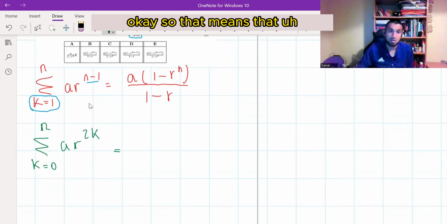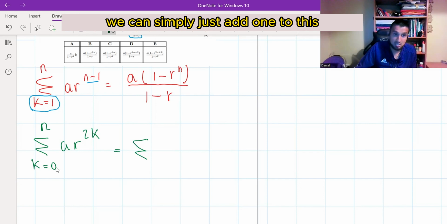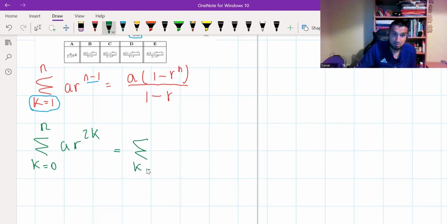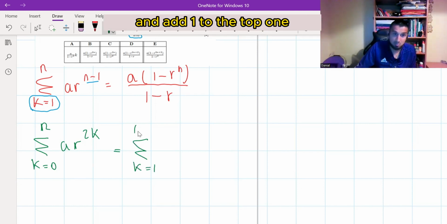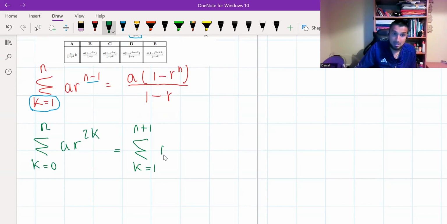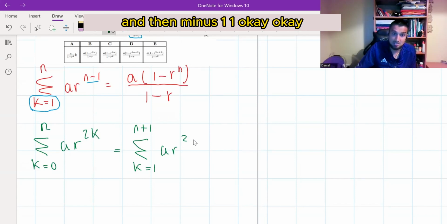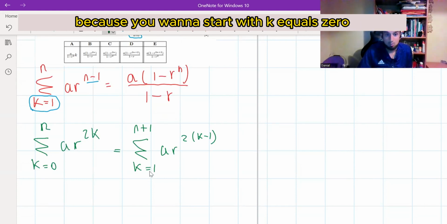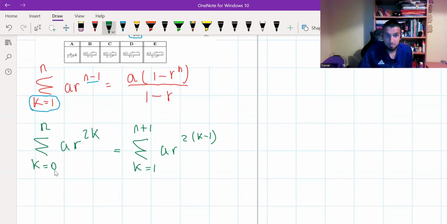So that means that we can simply add 1 to this and add 1 to the top one, and then minus 1 from our k, okay? Because we want to start with k equals 0.